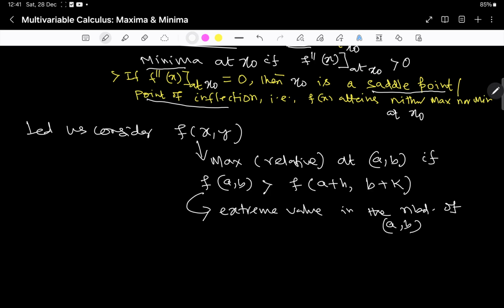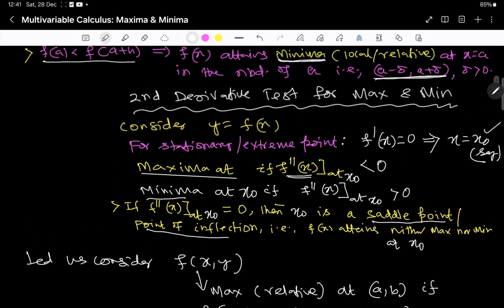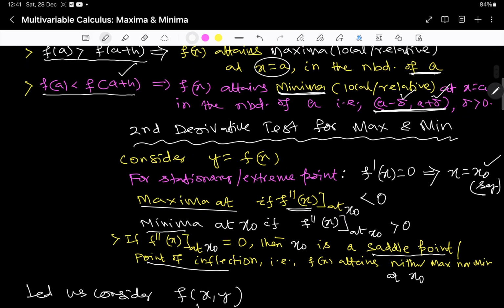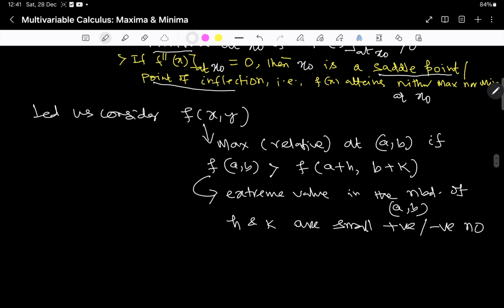Here h and k are small positive or negative numbers. As I have told you, in the neighborhood a minus delta, a plus delta, we are taking minus delta and plus delta. Likewise, we have this h and k, which may be positive or negative.